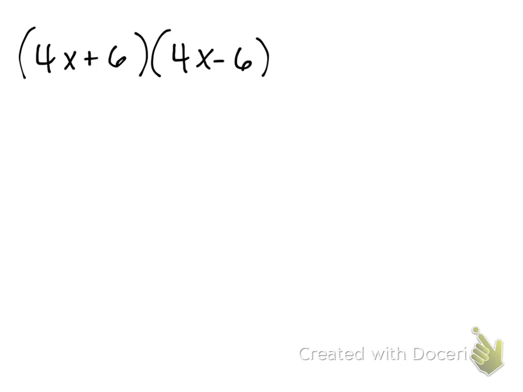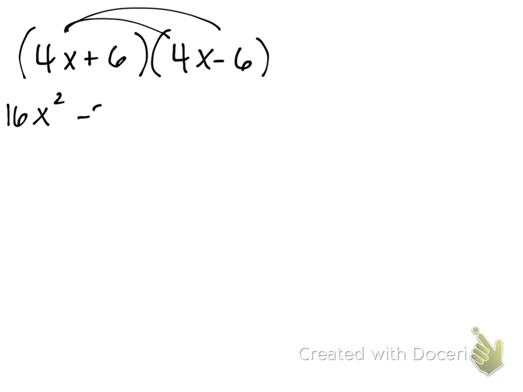All right, so 11, we've got 4x plus 6 and 4x minus 6. All right, so first is going to be what? 16x squared.